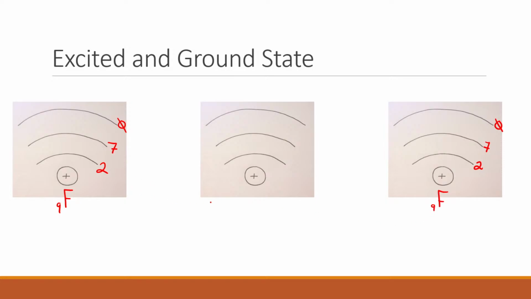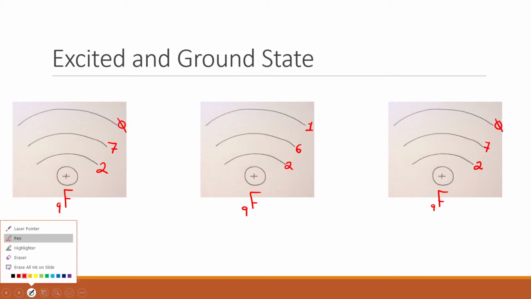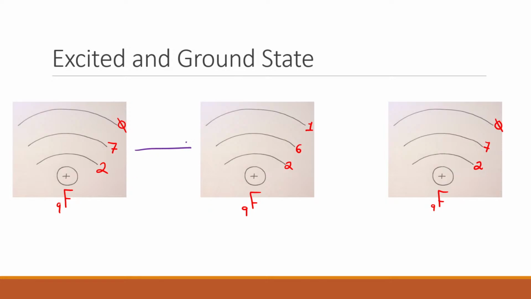But in between, for a split second, we are going to have 1 electron out of place. Right? And what's going to happen here, as this atom absorbs energy, the electron will jump up.